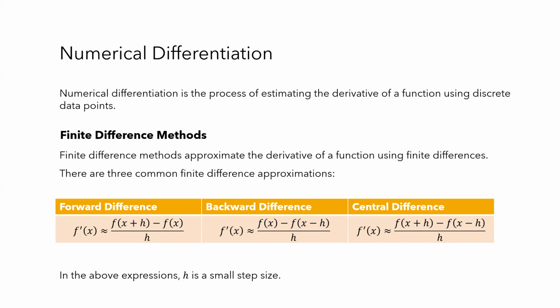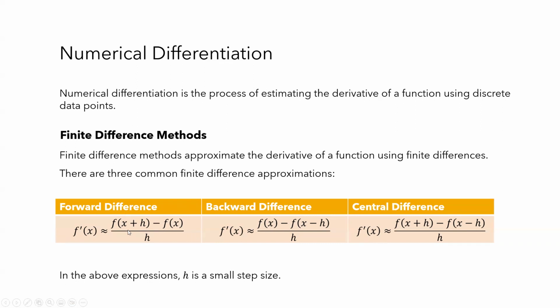Here I'm discussing the first derivative, and there are three popular techniques we can use. The first one is forward difference, the second one is backward difference, and the third one is central difference.